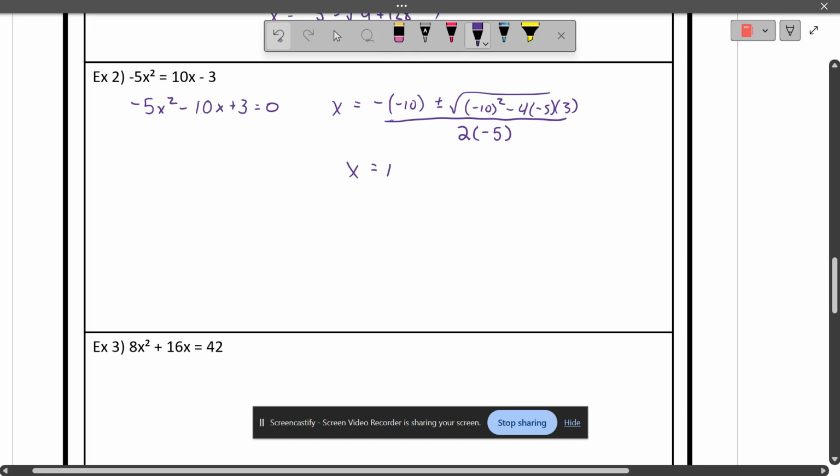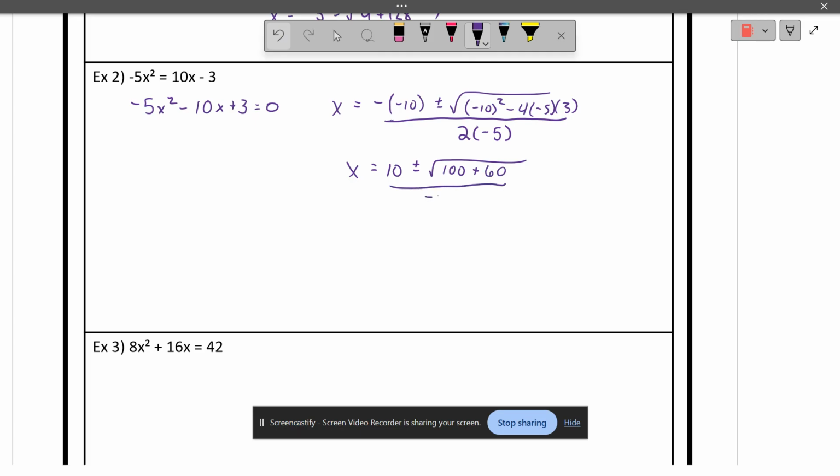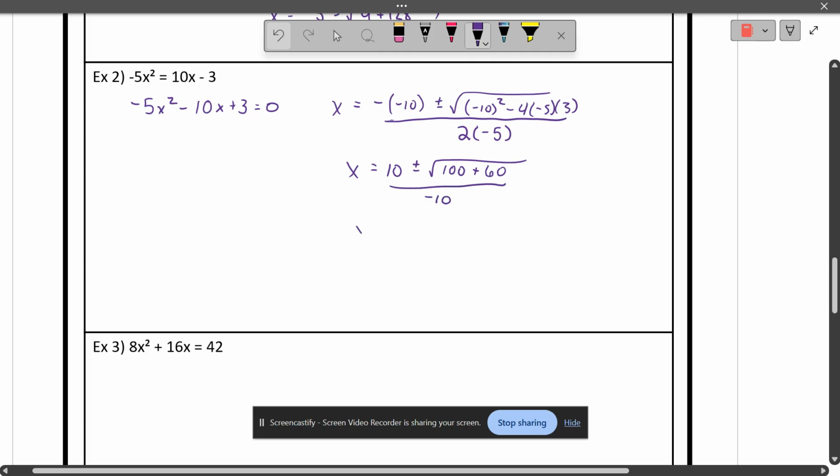So x is equal to 10 plus or minus the square root of 100 plus 20 times 3, so 60, all over negative 10. x is equal to 10 plus or minus the square root of 160 all over negative 10.